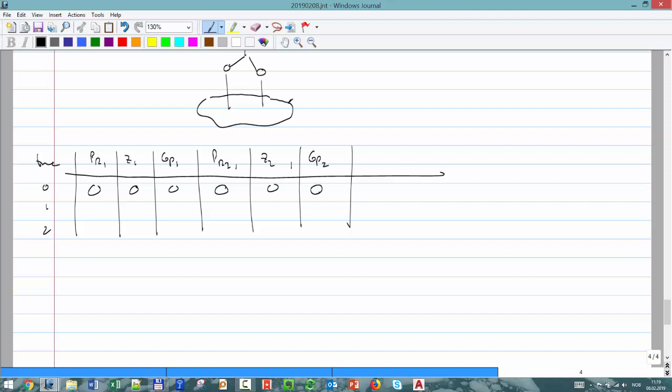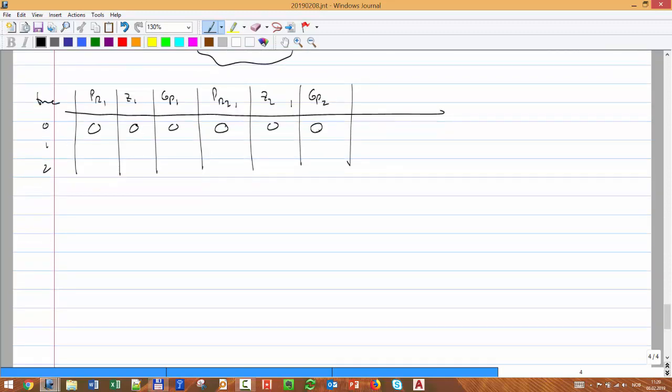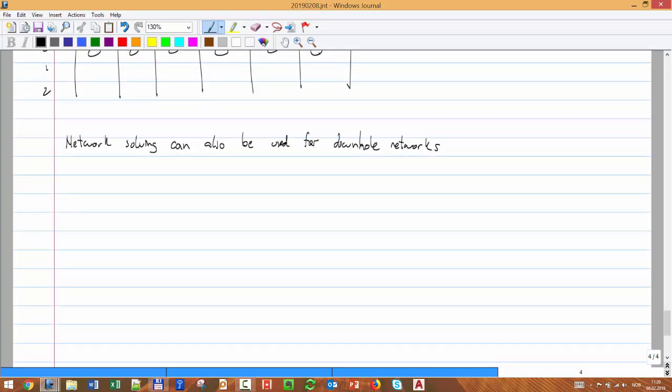Now I'd like to make a short detour on what else we can use network solving for, and it can be important when predicting the profile. What we have done so far is called network solving, and it can also be used for downhole networks. We're going to see very soon what a downhole network is.